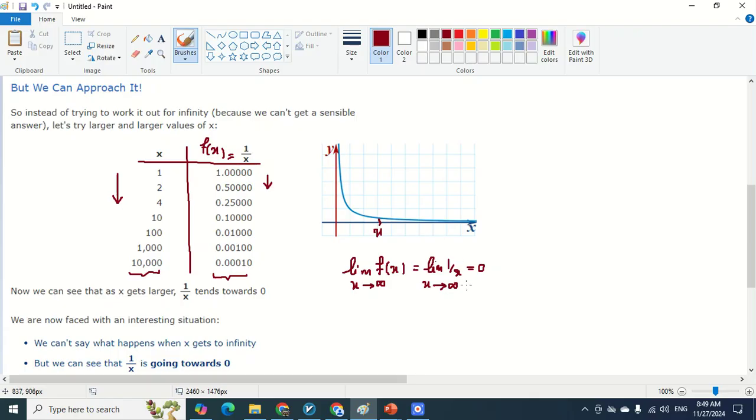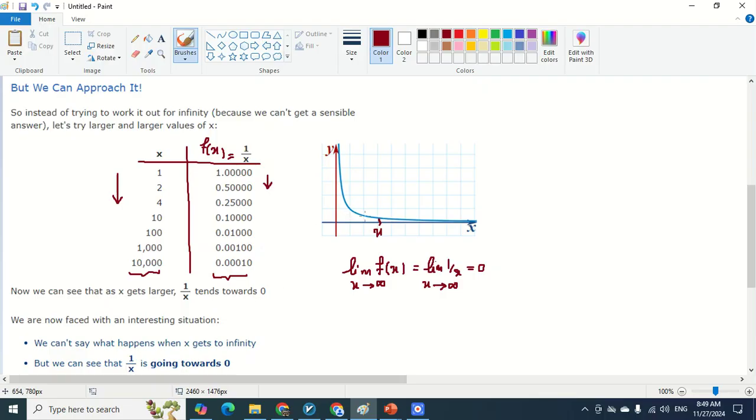At the limit, we are not talking about the exact value of the function. The important thing is the value in a neighborhood, the value that we are tending to, we are approaching that value. So we can see that over here x gets larger, 1 over x tends towards 0.